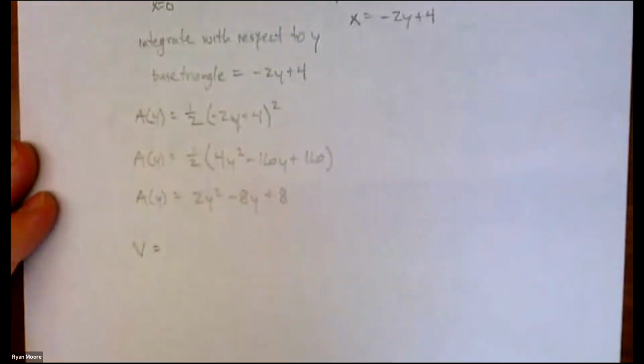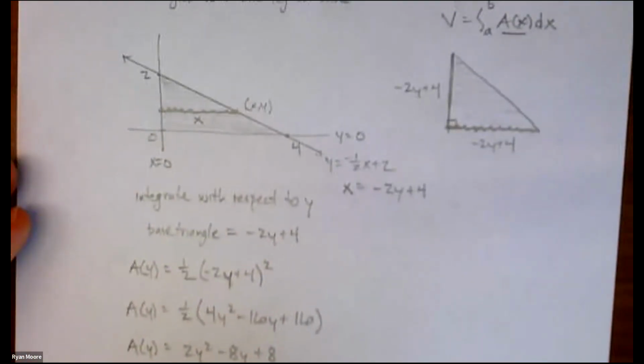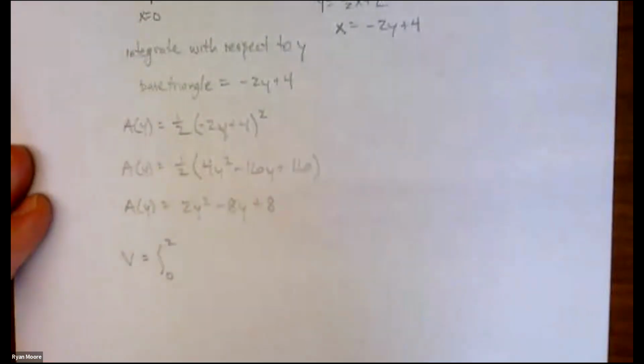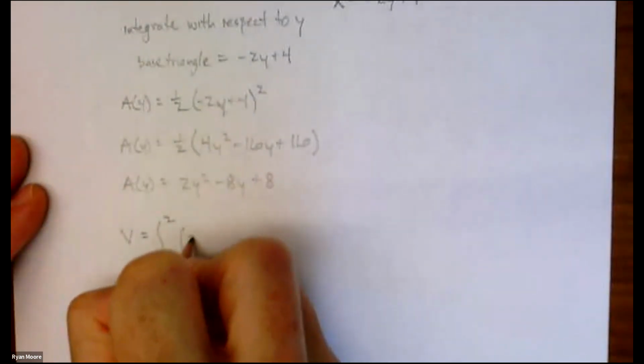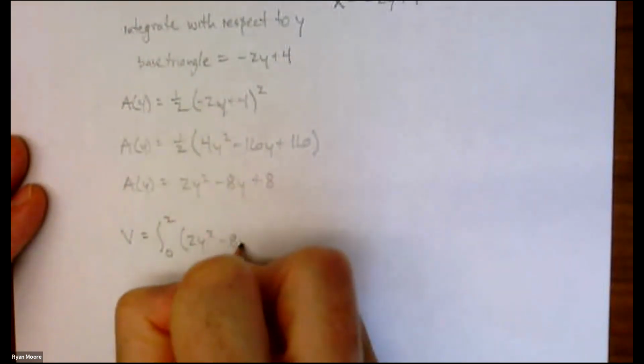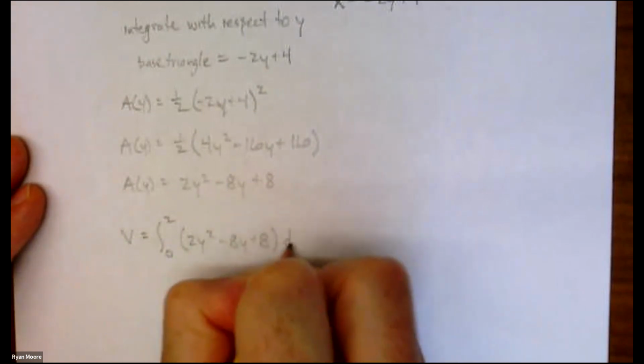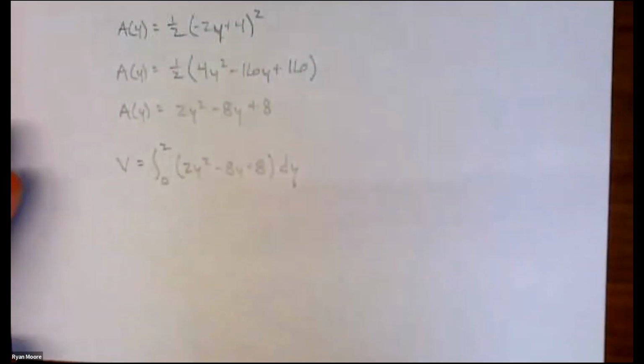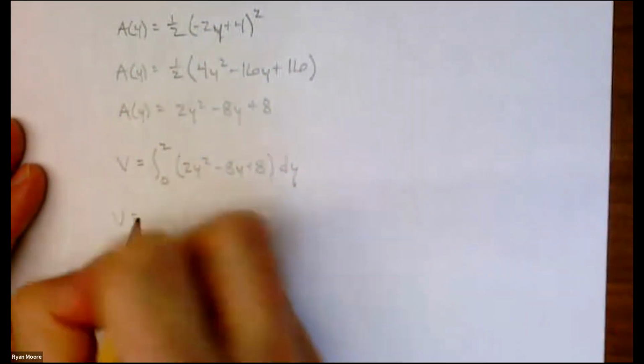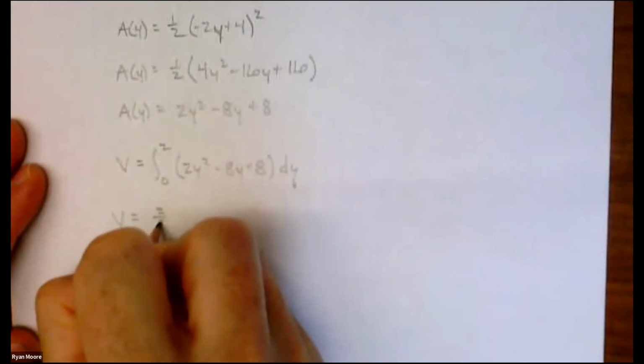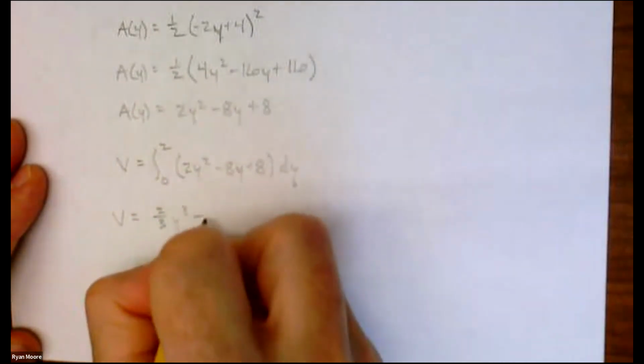So the volume will be the integral. And what are the limits? We're doing y, right? So 0 to 2 for our area, dy. Once you have it set up, you're pretty much home free.